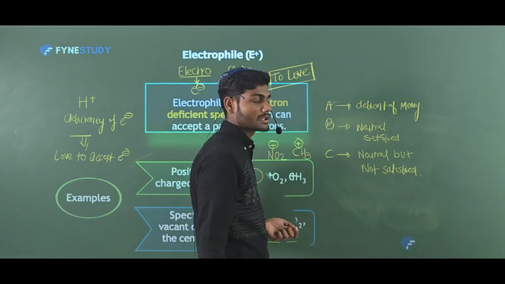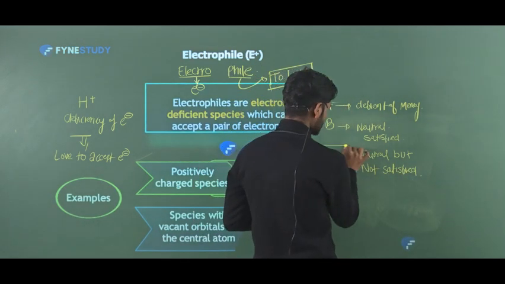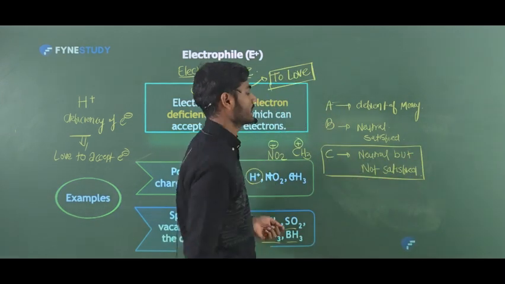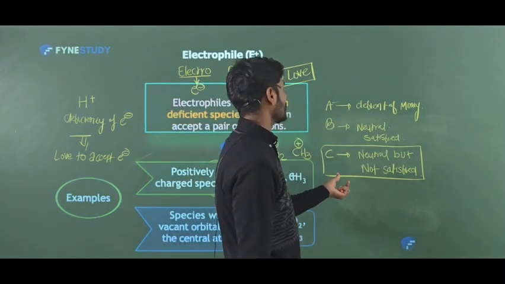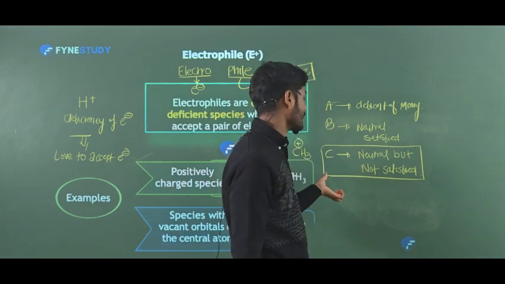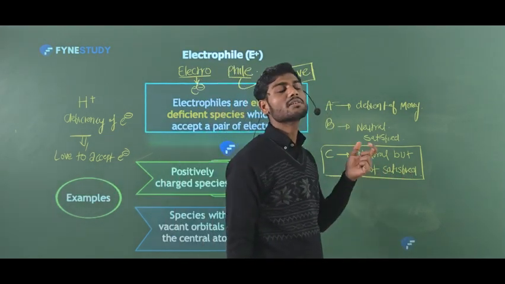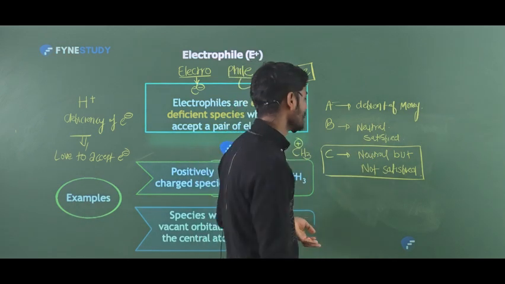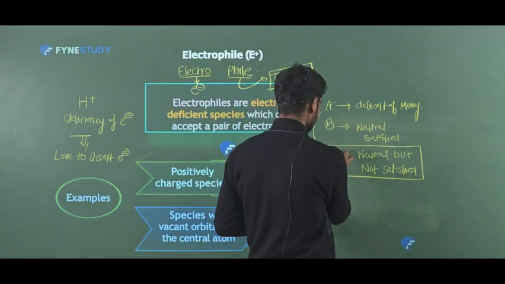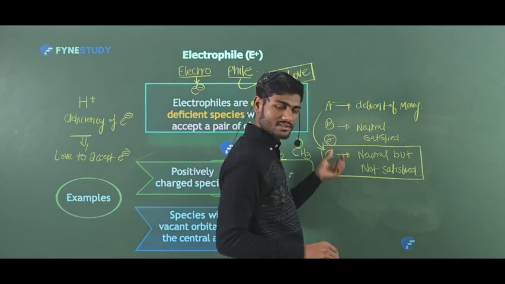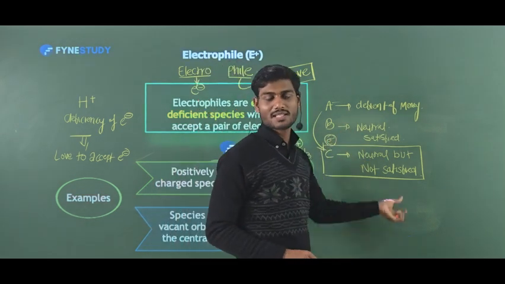Not satisfied means it has sufficient money, it can survive, but it has some space also, and a desire for electrons, or in this example, a desire for money. So it can also accept the electron, or in this example, the money.